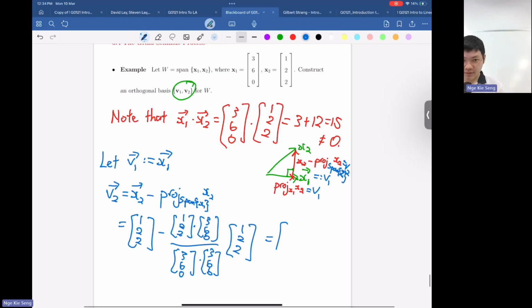I think you should get (0, 0, 2), if not wrong. Maybe you can verify this before we finish.